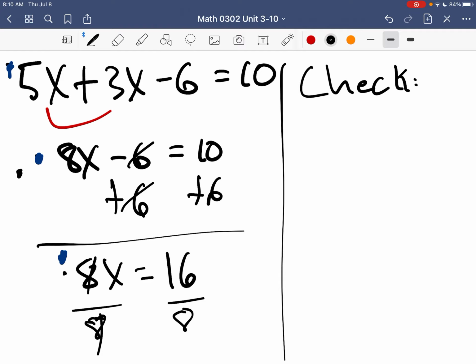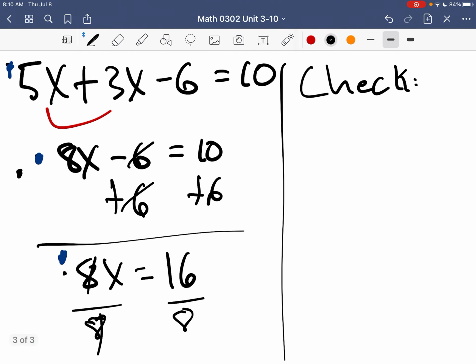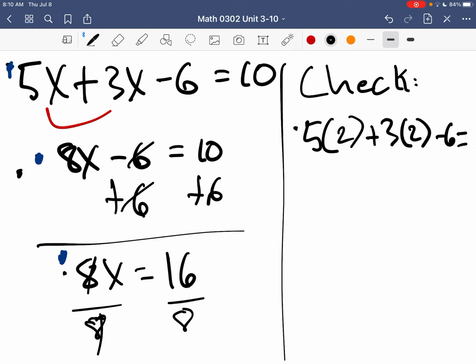Okay, so in the original equation, wherever we see x, we'll plug in a 2. So 5 times 2 plus 3 times 2 minus a 6, and this needs to be equal to a 10, okay? 5 times 2, that's a 10. 3 times 2, that's a 6 minus a 6, okay?